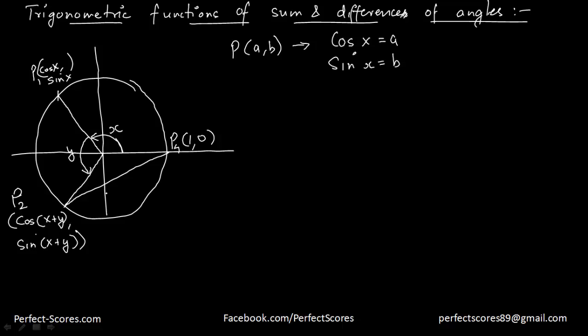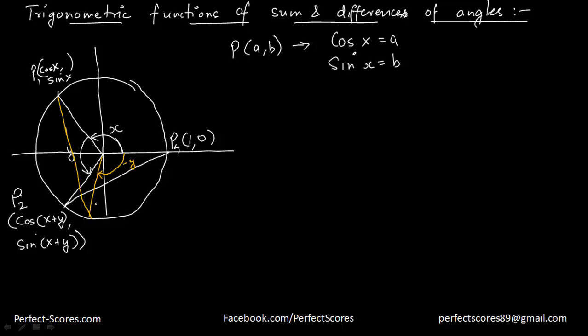I'm just going to use a different colored pen for this. Let's say this is y, so I'm going to add another angle which is going to be equal to negative y. If the angles go clockwise, the sign of the angle is negative, so I'm adding another angle which is negative y, and I'm going to join these points right here.